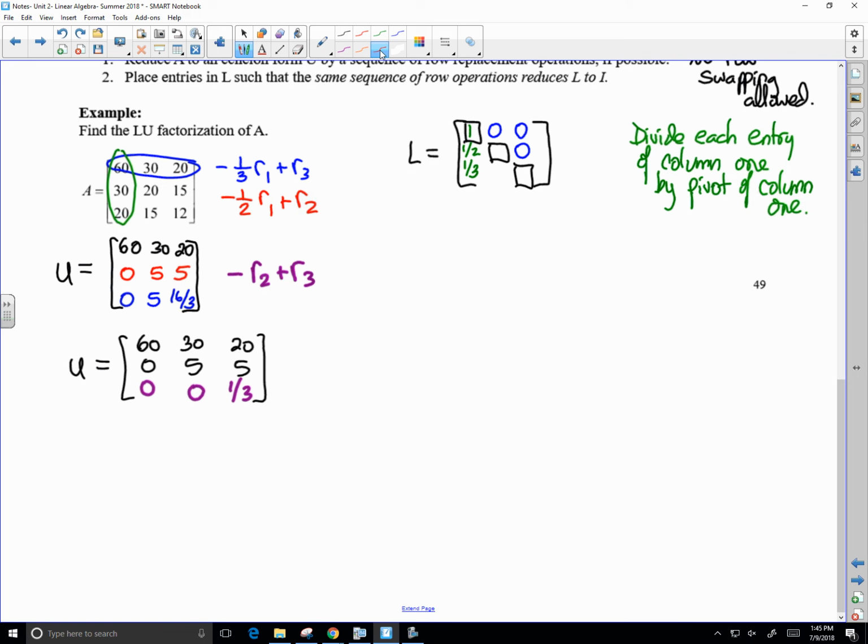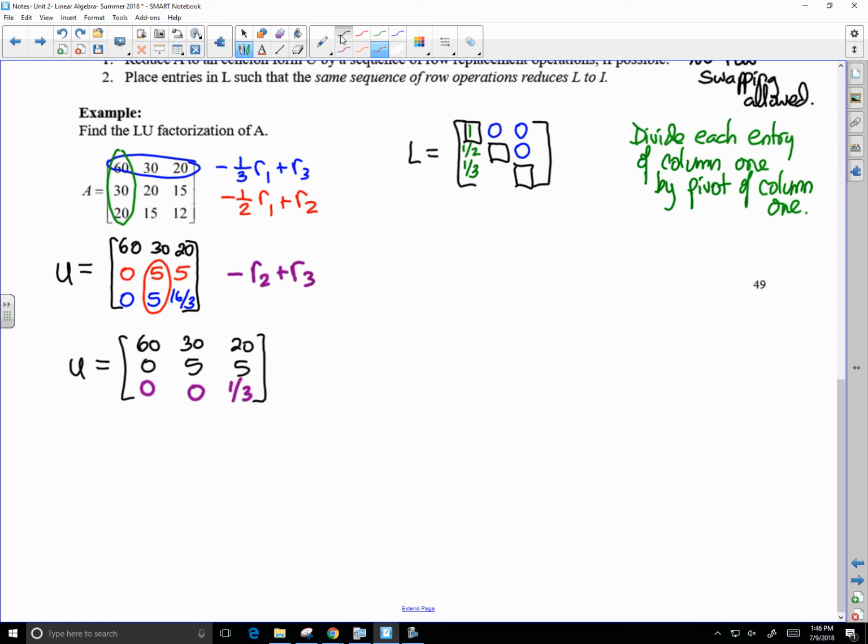All right, so we take a step back, look in the previous matrix, divide each relevant entry, because we already know what the upper triangle in my L matrix is going to be. It's all zeros, so we're ignoring all of those. Anything that's relevant, we're going to divide by the pivot value. So in the previous matrix, I'm dividing each entry by the pivot value in column 2.